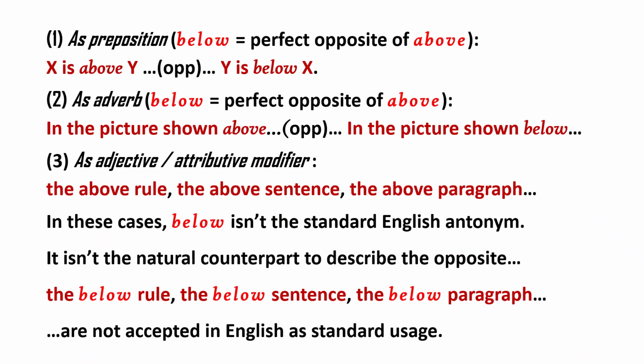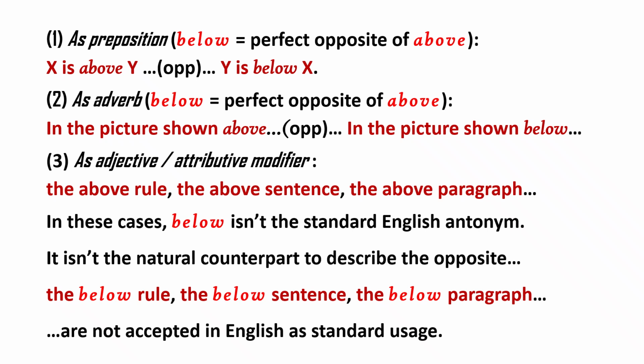So we are showing the three uses of above and two uses of below. As preposition, below is the perfect opposite of above. X is above Y, opposite Y is below X. As adverb, below is the perfect opposite of above. In the picture shown above and in the picture shown below.